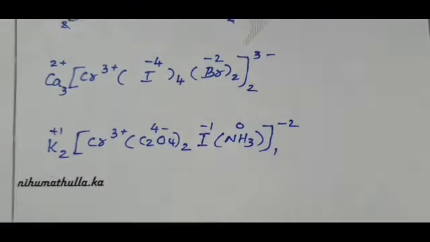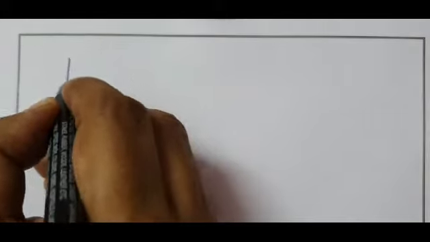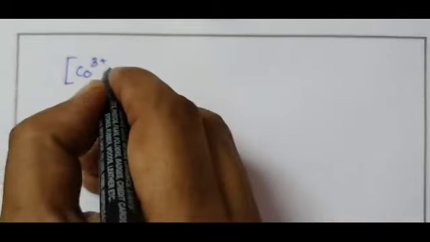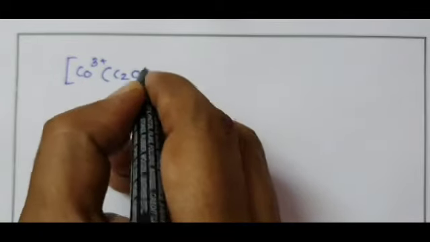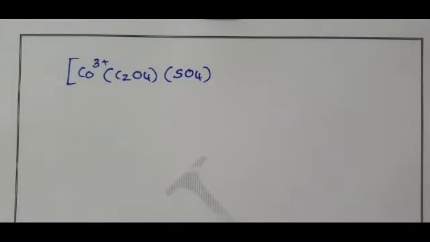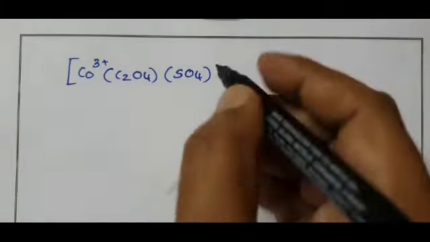Like this, we can write more number of complexes. So far, we didn't take the ions Fe3 plus and Fe2 plus, that we are going to use. Other bidentate mixed ligands also we can use. Taking for example cobalt 3 plus ion, 1 bidentate ligand oxalato, another bidentate ligand sulfato. 1 oxalato 2 bonds, another sulfato 2 bonds, 4 bonds are over.